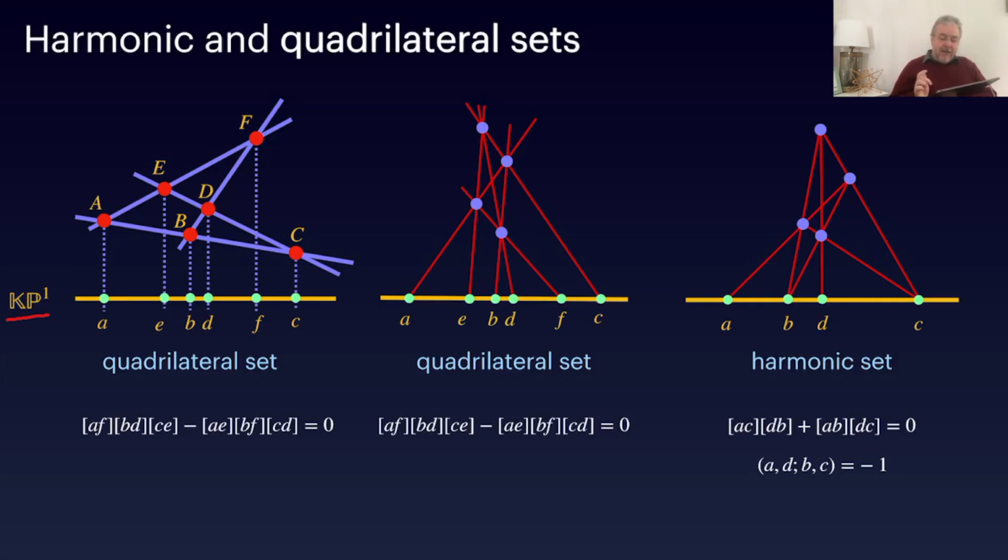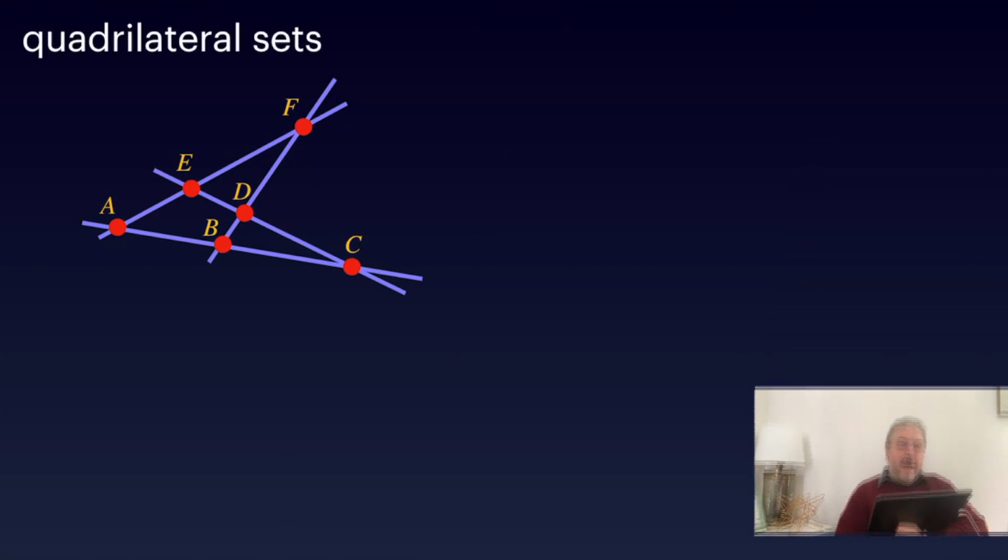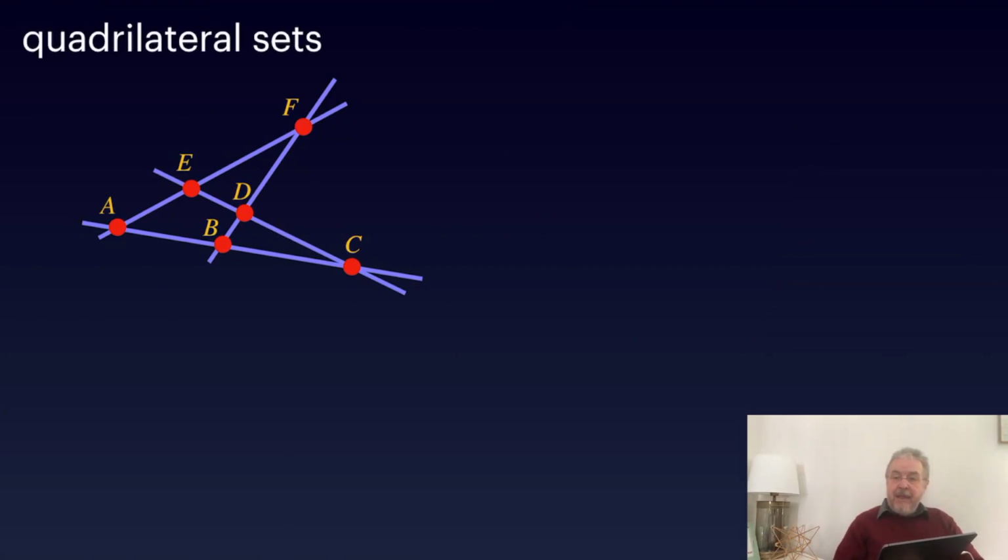So let us start with the seemingly most complicated figure on that page, and let me explain what's going on there. It's called quadrilateral sets, and in quadrilateral there is this quad inside, and this means somehow a 4 is involved in one way or the other. And the way the 4 is involved in that picture is that you start with a configuration of 4 more or less arbitrary lines.